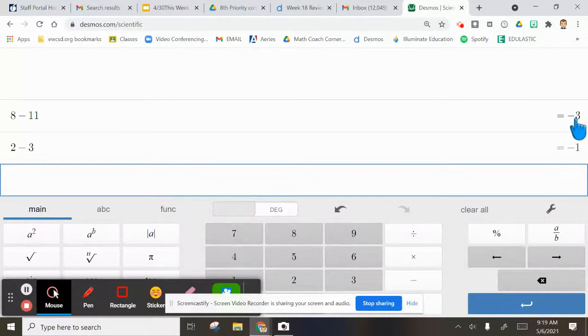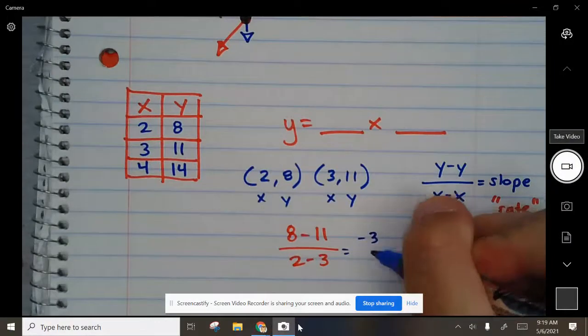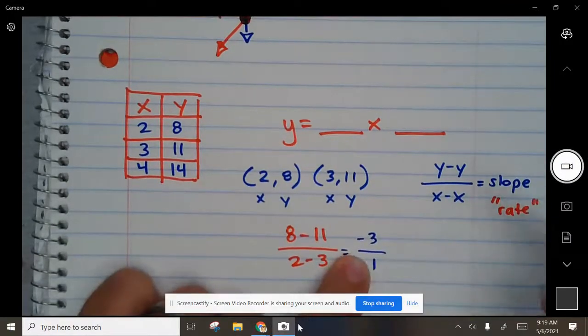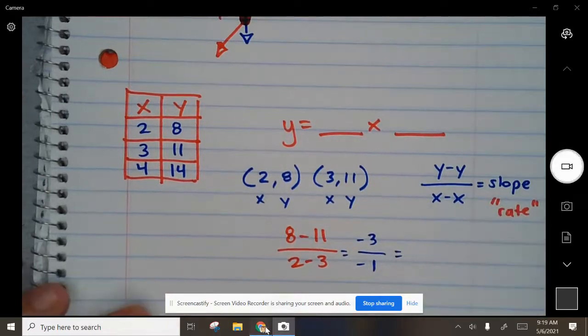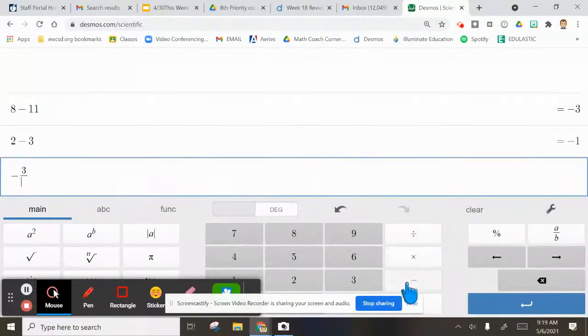If you struggled with -3 over -1, we're going to write that down right now, -3 over -1. If you forget what that's going to equal, use your calculator. You can use your calculator the whole time during our test that we're going to have in 2 weeks. You can use the calculator anytime you want. So -3 divided by -1, and you get +3.